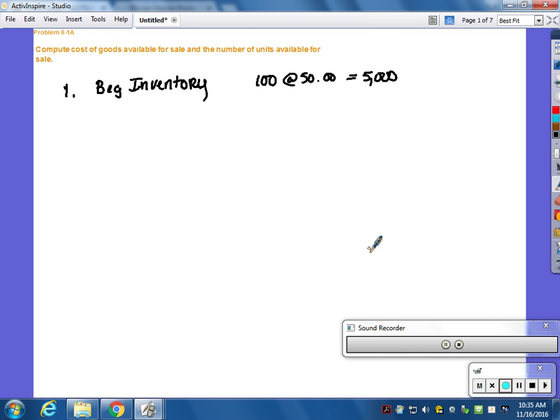And what's the purchase that you had? What date? March 5th for a purchase. How many units? 400 units. At what price? $55. Which equals how much? 22,000. What's the next purchase? What date? March 18th. How many units? 120 units.